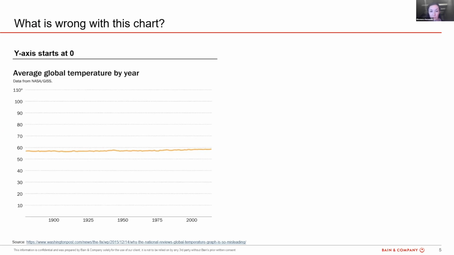If global temperatures were to increase by 10 degrees or decrease by 10 degrees, we would all probably be in very big trouble. Yeah, we really don't need to visualize whether they have ever been 55 degrees lower or 55 degrees higher.